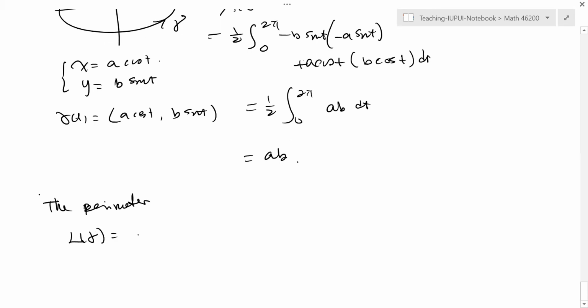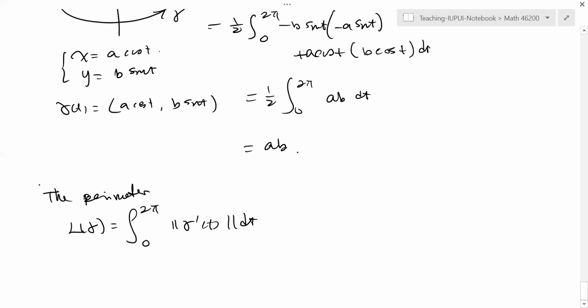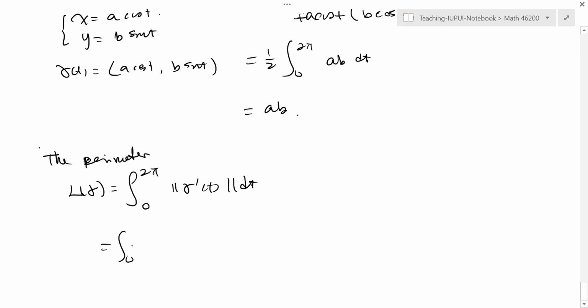By the definition, this is going to be an integral by the formula, right? It's the integral from 0 to 2 pi of the length of our parameterization derivative. So let's try to find it. This is going to be the integral of the square root of (negative a sine t) squared plus (b cosine t) squared dt.